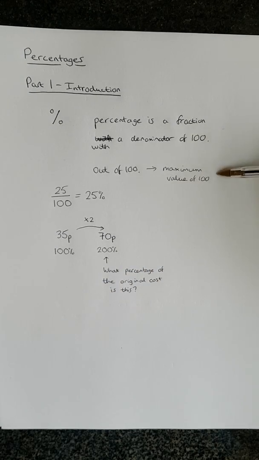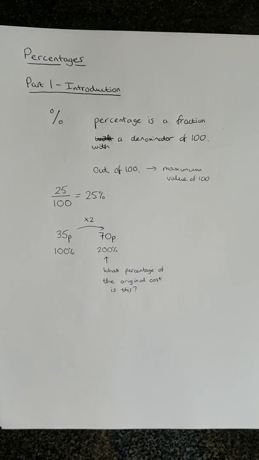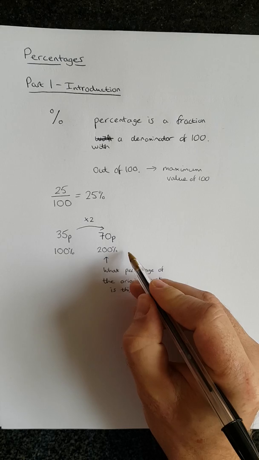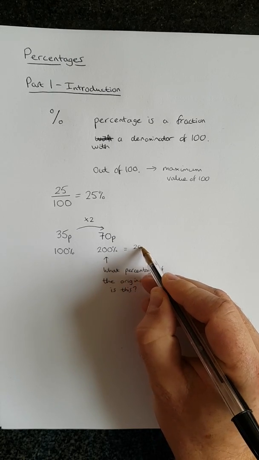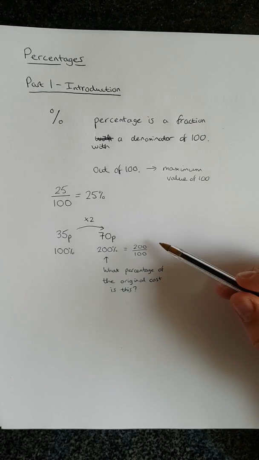Look at your two definitions up here. Out of 100 seems to suggest 200% isn't possible. Percentage is a fraction with a denominator of 100. Allows you to write anything you want on the numerator.